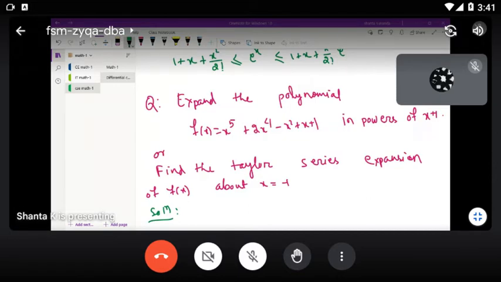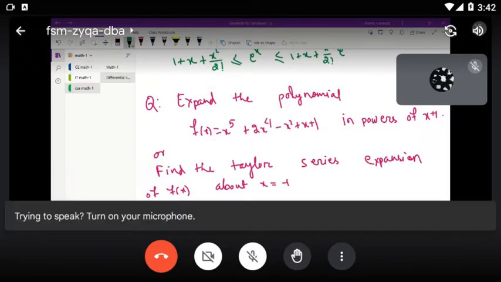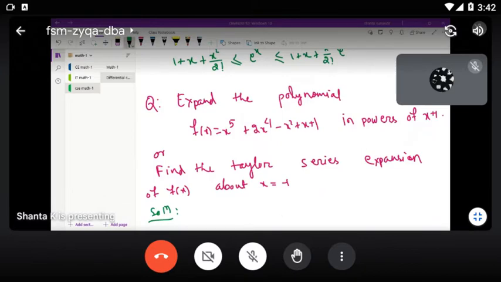Any doubt with this question? The same process. You find the Taylor series. I'm done.